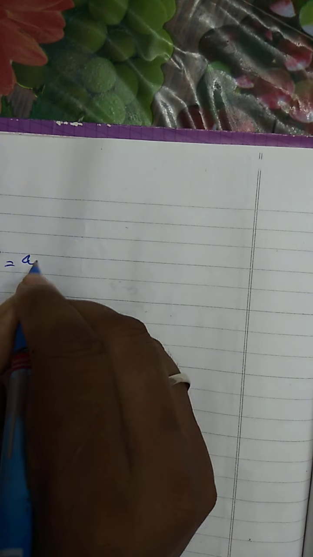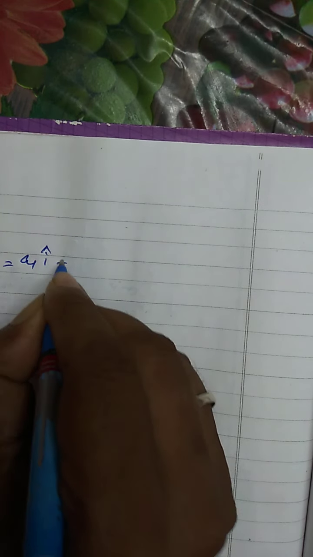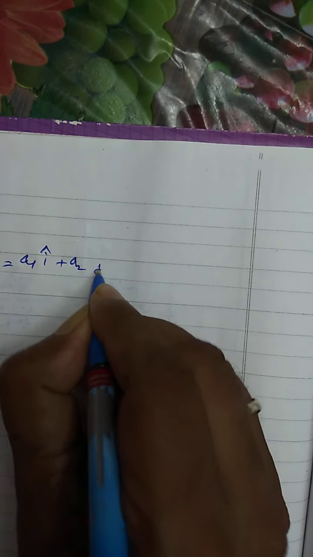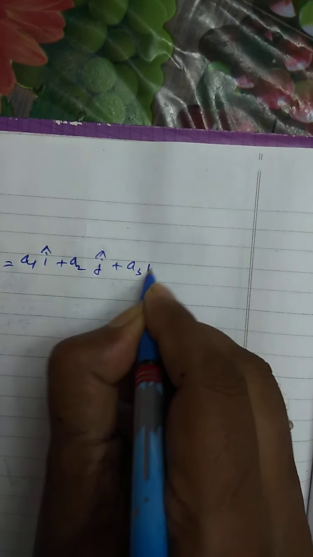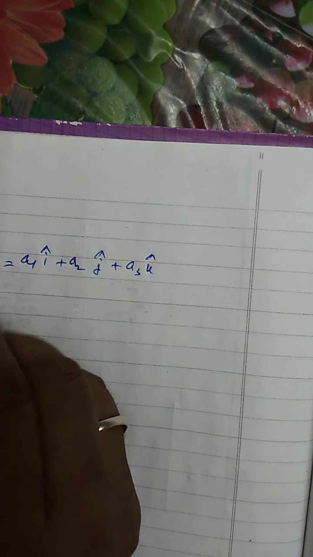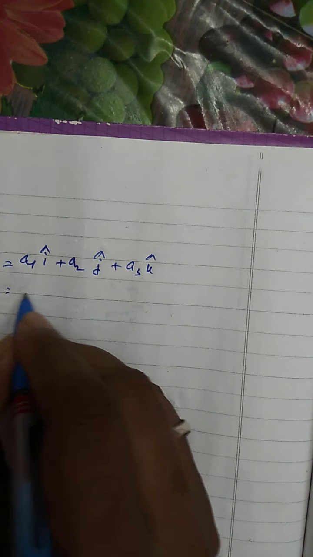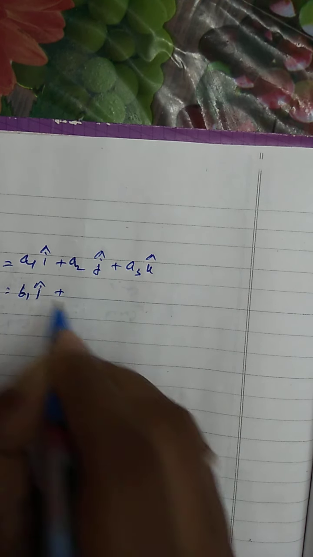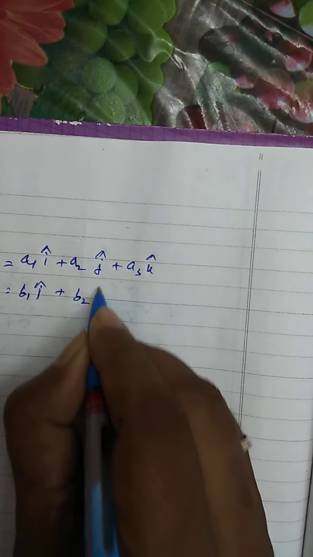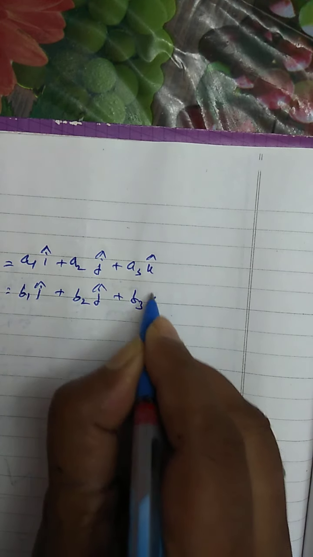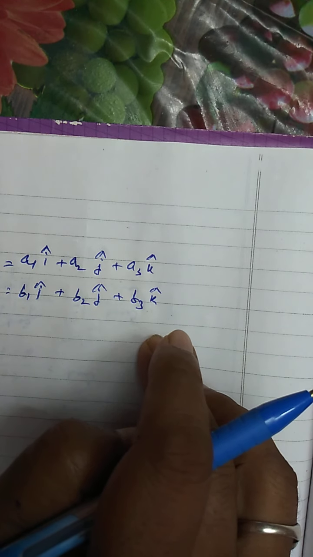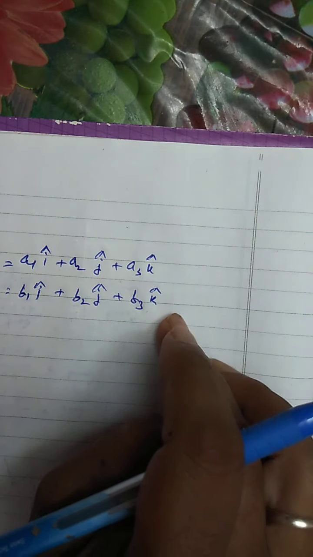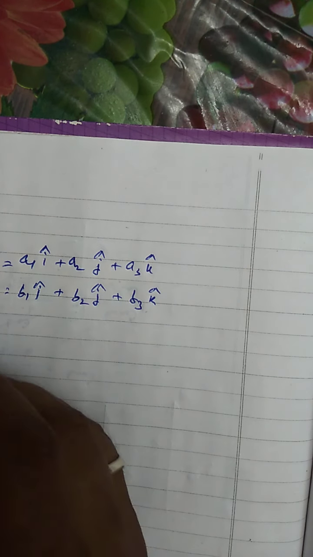Now if the physical quantities are in this form, suppose a vector A is A1 i cap plus A2 j cap plus A3 k cap, and another vector B is B1 i cap plus B2 j cap plus B3 k cap. Here, if the vectors are provided in this form, then we can get the scalar product also.